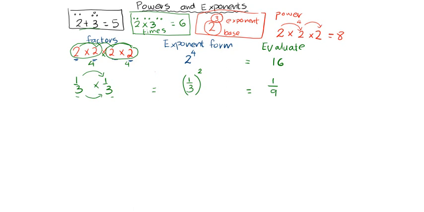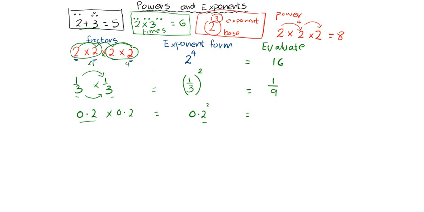If you had a decimal, for example 0.2 times 0.2, then this would be 0.2 to the power 2. And if you are multiplying that together, remember that the rule for decimal values is that first you ignore the decimal point.